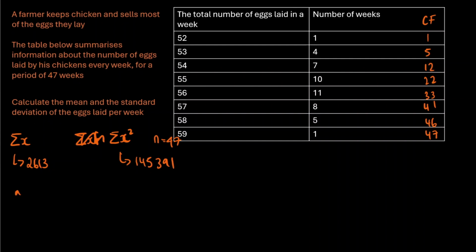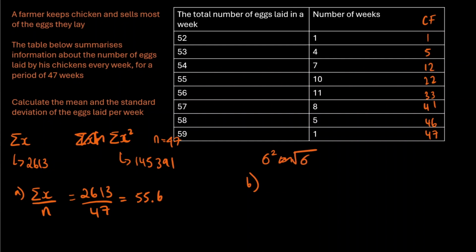And we know that the mean is simply the sum of xf over n, which is 2,613 over 47, which gives you 55.6. And to calculate the standard deviation, we know that this is the variance, and this is the standard deviation.